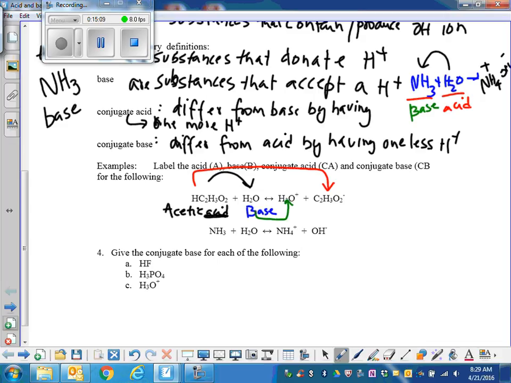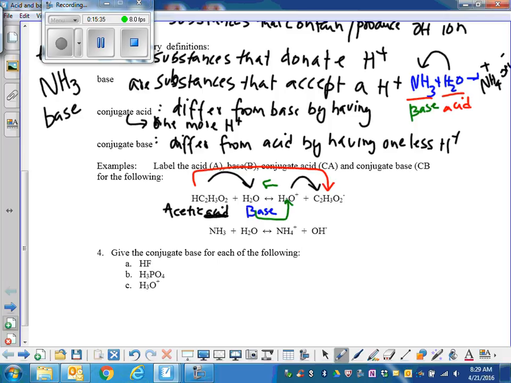Is that right? Now, if you consider this forward direction, this is the acid, this is the base, right? If the reaction goes in the reverse direction, which is now acting as the acid? Is this going to act as the acid now? And is this going to act as the base now? Is that the direction of the proton transfer for the reverse reaction?